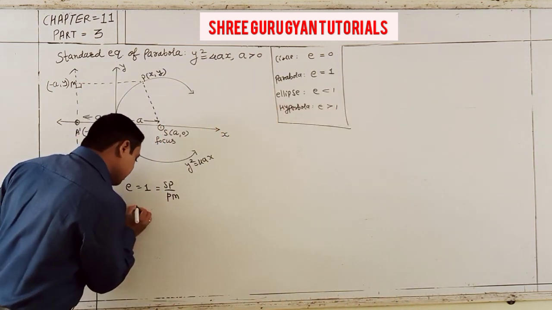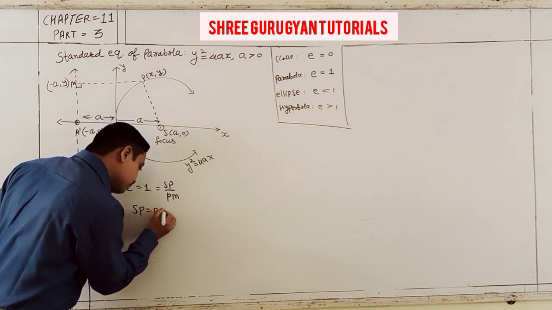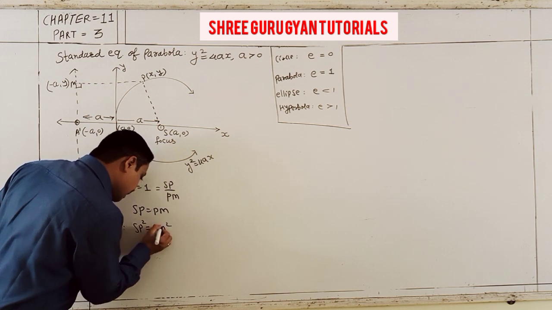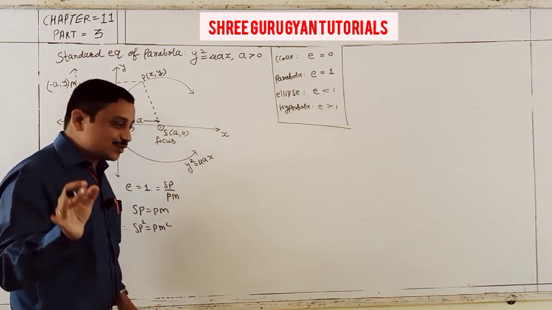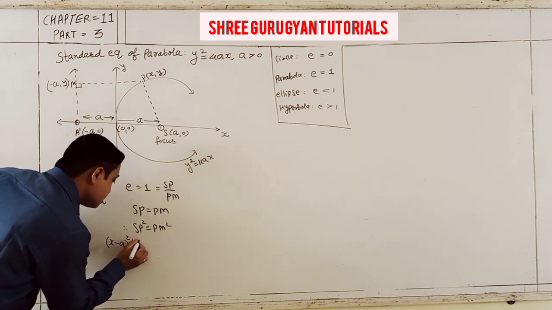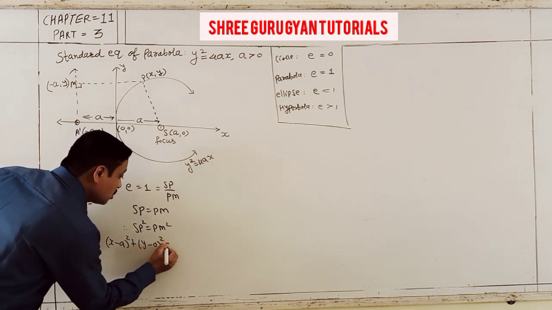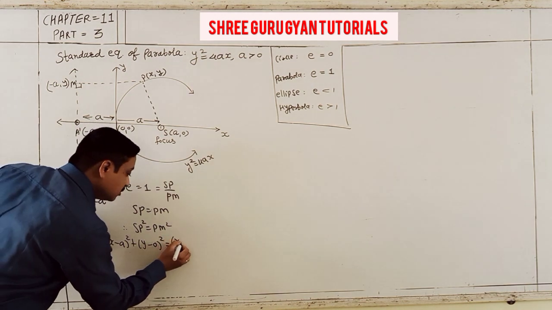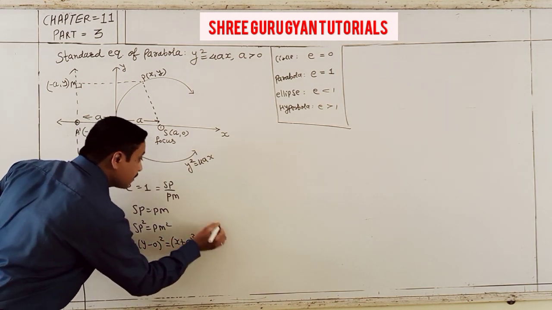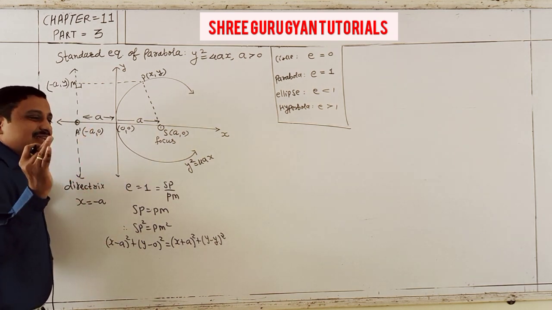Now if you cross multiply, SP is equal to PM, so SP square is equal to PM square. Making squares, apply your distance rule. S to P: (x minus a) whole square plus (y minus 0). Now P to M: (x plus a) whole square plus (y minus y). Simple students, you calculate in the easy way.